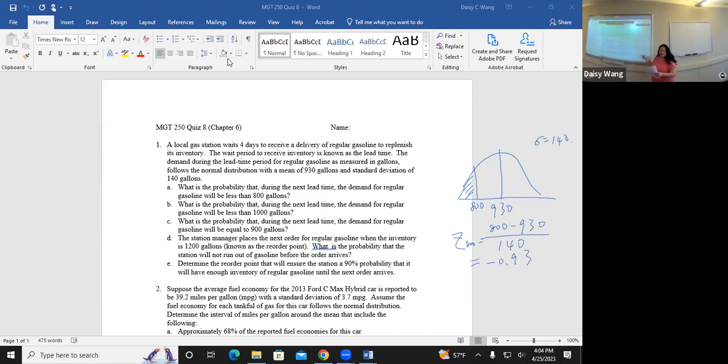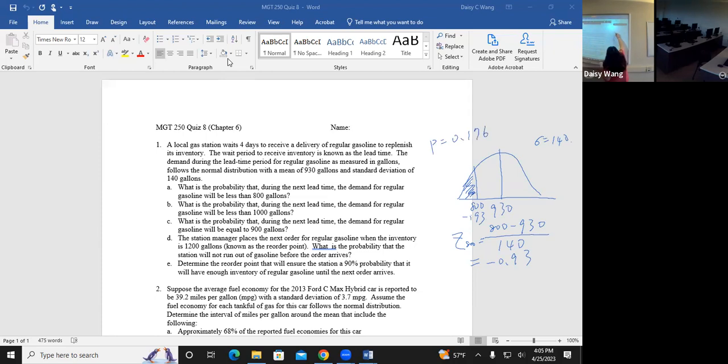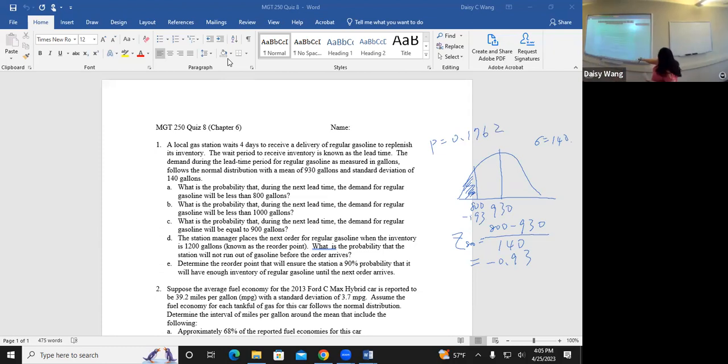When we look up the probability on the z distribution table, the probability is 0.1762. And then the second one will be 1000. Instead of calculating this area, the demand less than 1000 will be this area.